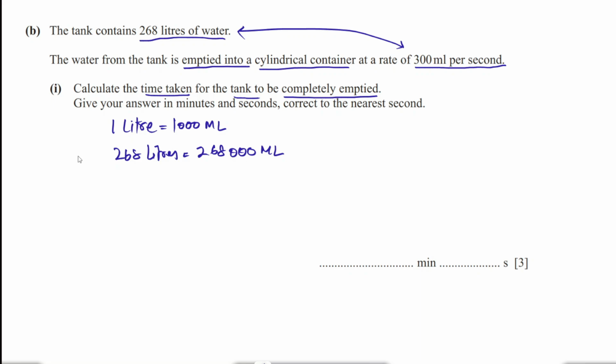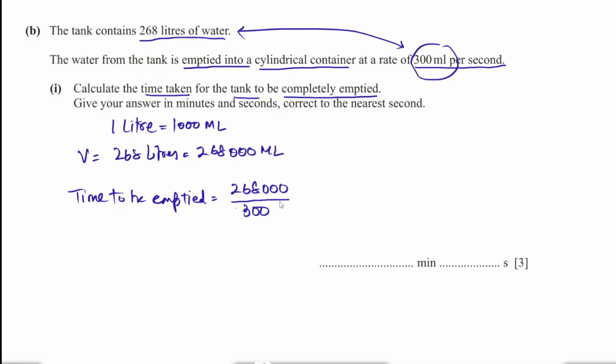That is the total volume we have. What we are looking for is the time to be emptied. First, let us find the time in seconds. We have 300 ml per second, and since it is per second, we are going to get the time in seconds.